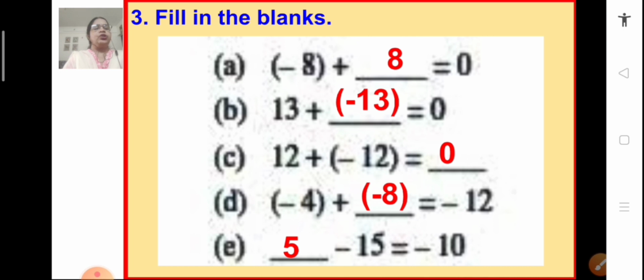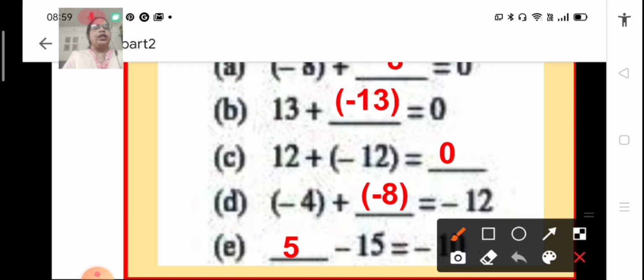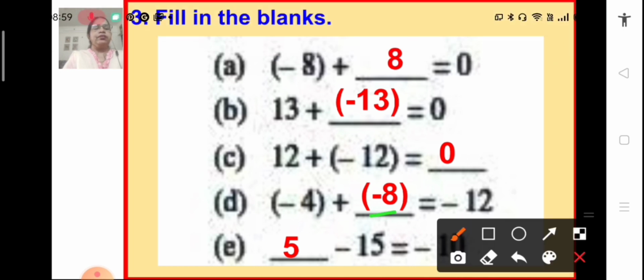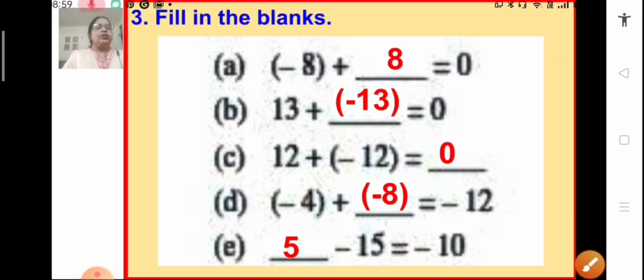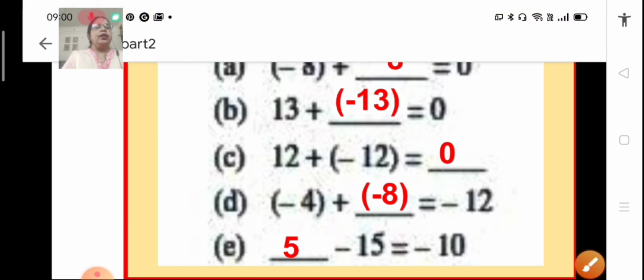So what do we add to negative 4 to get negative 12? We add negative 8. E, dash minus 15 is equal to minus 10. So what do we subtract from 15 to get 10? We subtract 5 and it takes the sign of the bigger number, so it becomes negative 10.